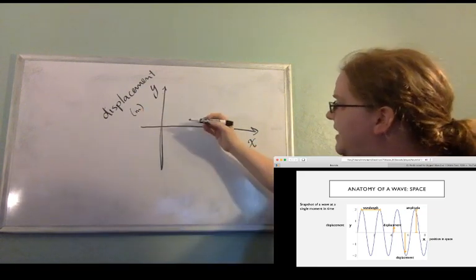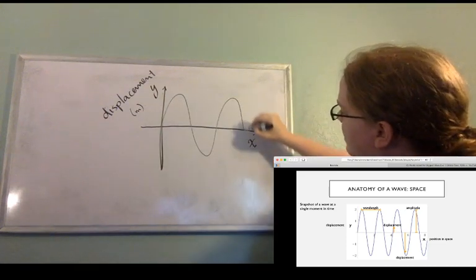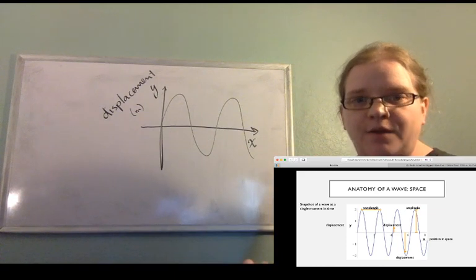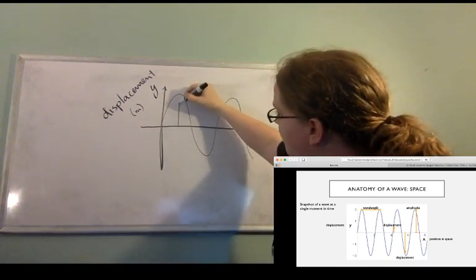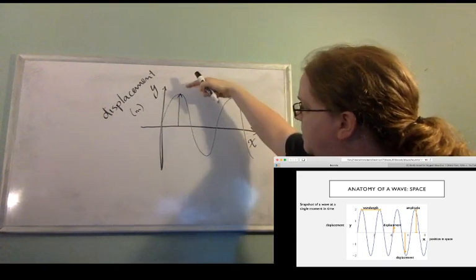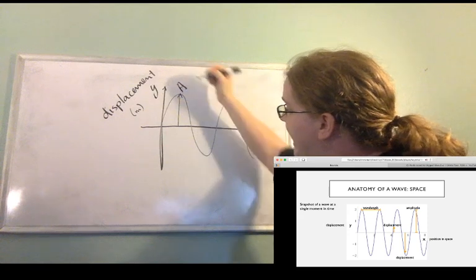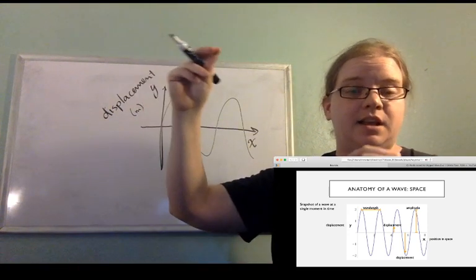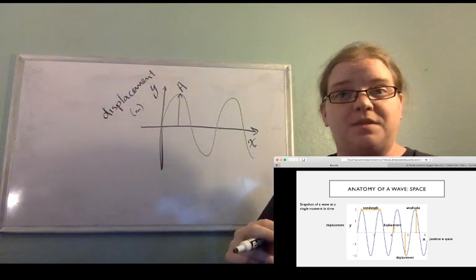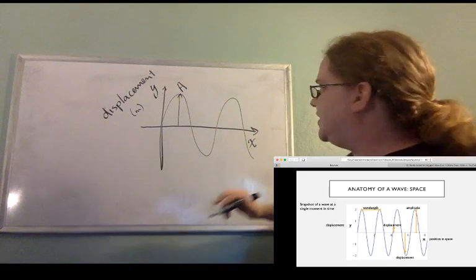But in any case, for a given wave that looks like kind of a nice sine wave, we have a couple of important places. If you go from the center line up to the tippy top here, you're finding the amplitude A. Okay, so amplitude is the farthest distance that you get from the center, assuming it's distance, but usually it is.